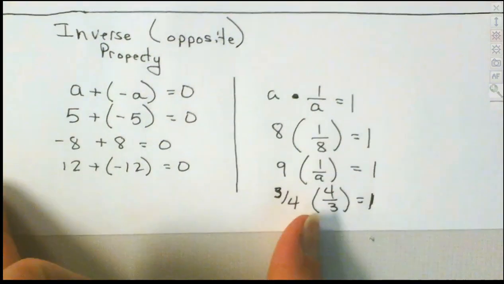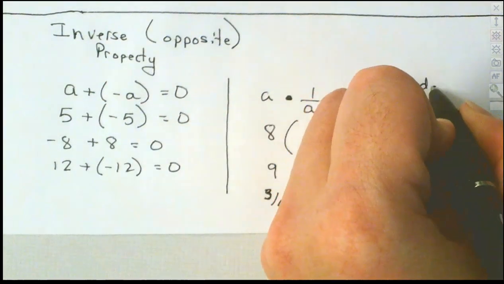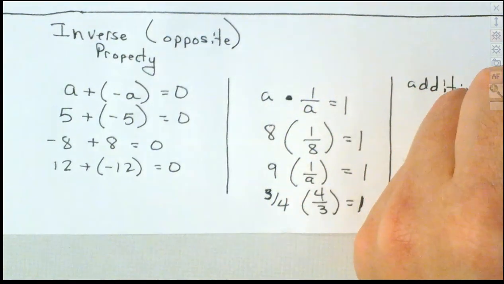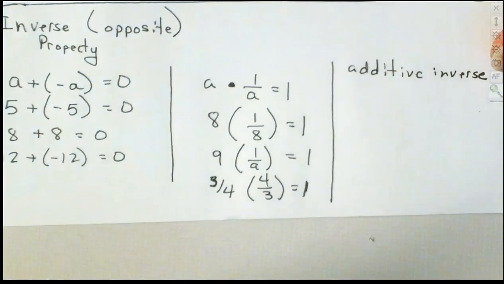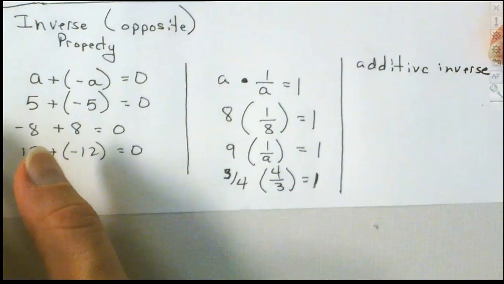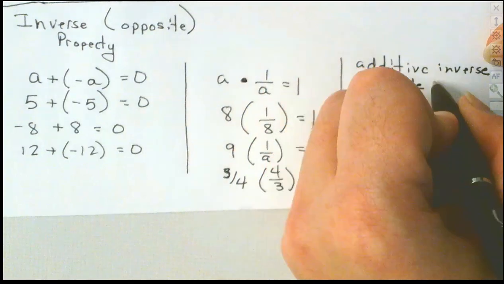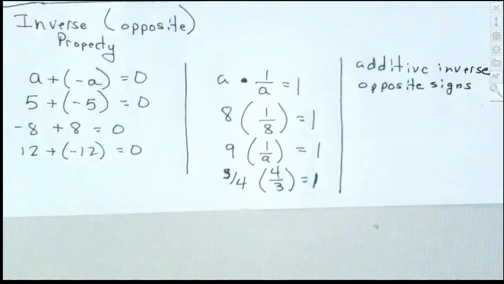So let's talk about the 2 types that we have. The additive inverse, what happens with the additive inverse? Opposite signs. Okay, so the additive inverse, we're going to be looking at opposite signs. So when I talk about the additive inverse, I'm just looking at opposite signs. 5 and negative 5, 12 and negative 12, 15 and negative 15.